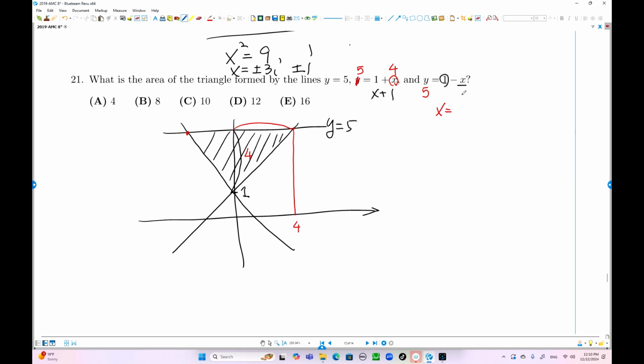X equals, how much is that? Okay, put it over. 5 equals 1 minus x. X equals, what is that? Negative 4, right? Actually, same distance, okay? So what is the area of this one? 8 times 4 divided by 2 is just 16. Or you can find this area and times 2, right? Okay, doesn't matter.